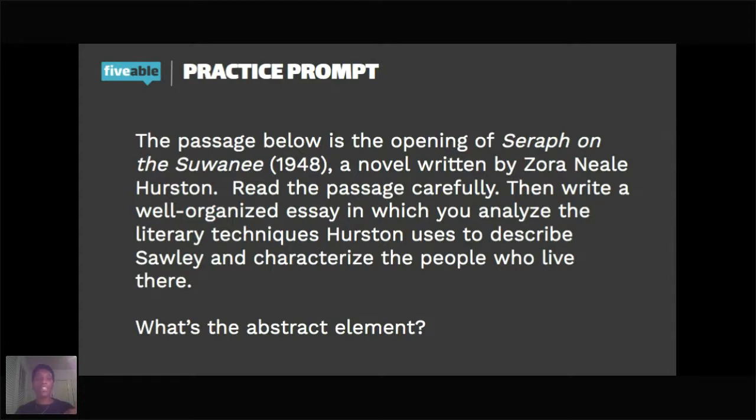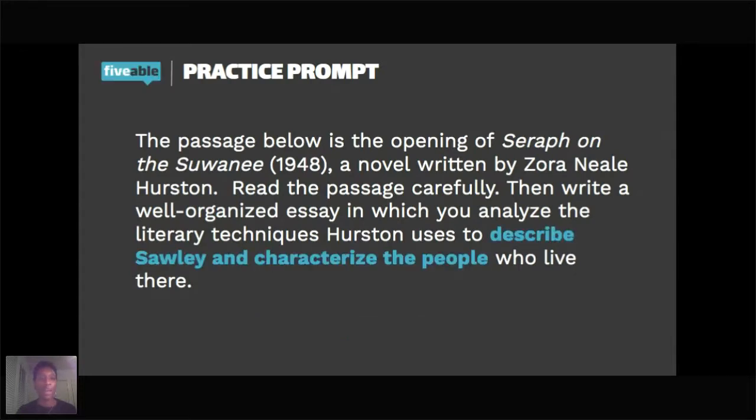Okay, so I'm going to get to that question. So I'm going to come back to that. All right, so let's look at the passage that goes with this, and then I'm going to come back to the questions. So we said that the abstract element is, here we go, describe Solly and characterize the people who live there.